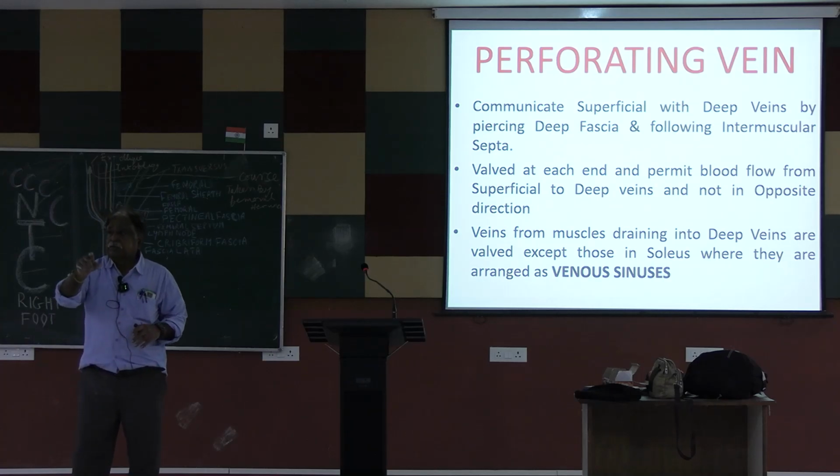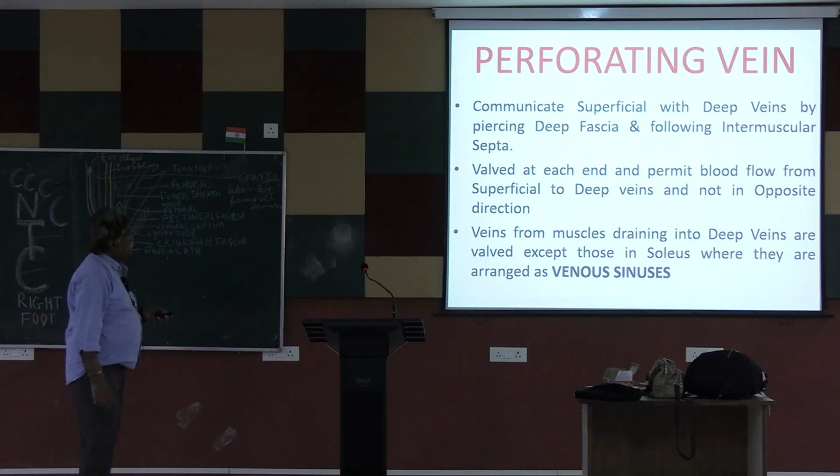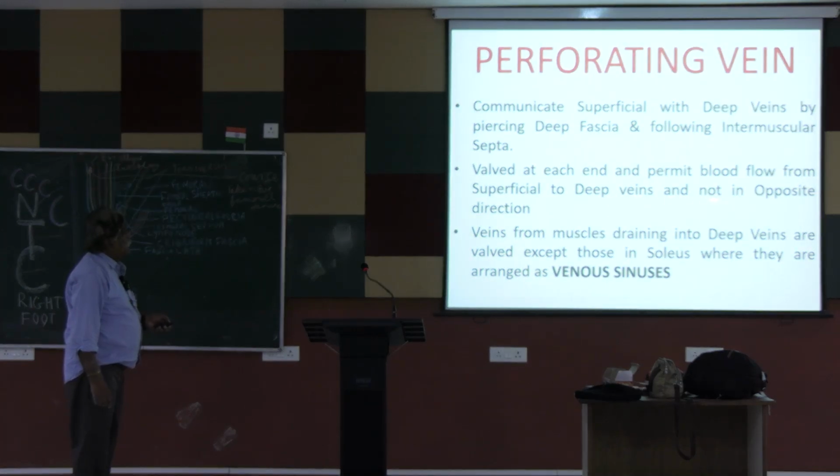You see in your books how the compartments are made, and also the vessels passing through. And now valve at each end permits blood flow from superficial to deep veins and not in the opposite direction.